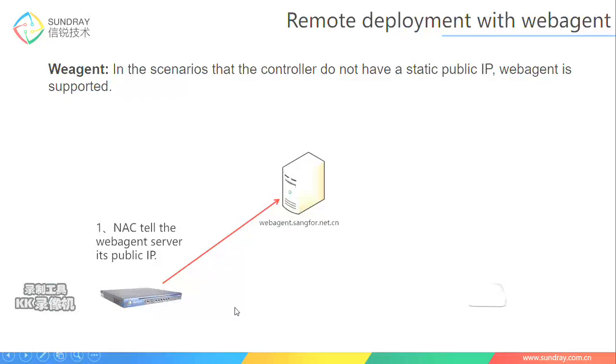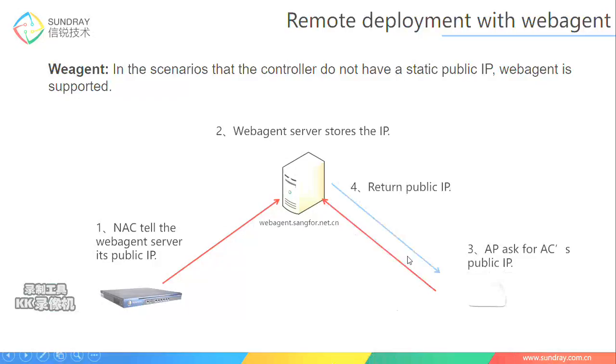So the web agent service will store the current IP of the controllers. Then we will also set up the web agent URL in the access point, and the access point will ask the web agent service for the controller's IP, get the IP, and the access point will access the controller with that IP, and in this way they will build the tunnels.